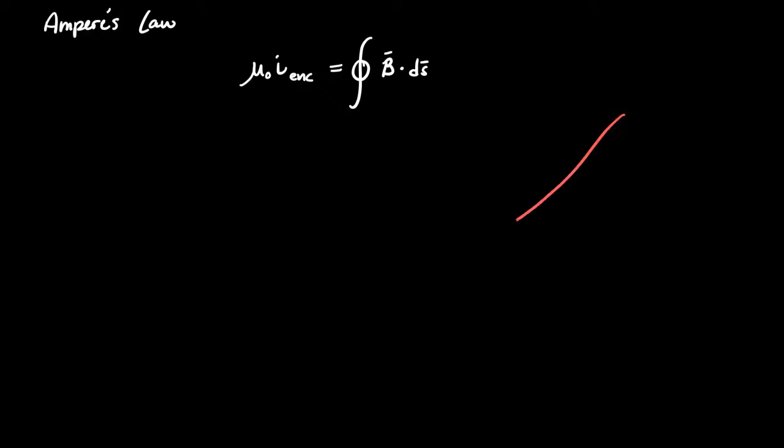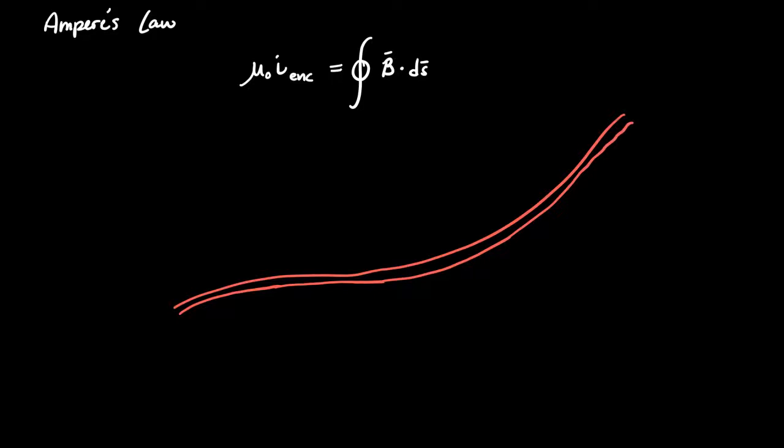So, if we have some long, non-uniform wire, it doesn't have to be one wire. It can be thousands of different currents if I want. But I have one long, continuous wire for this example with current I passing through it. Then I can wrap what's called an Amperian loop around the outside of that wire.